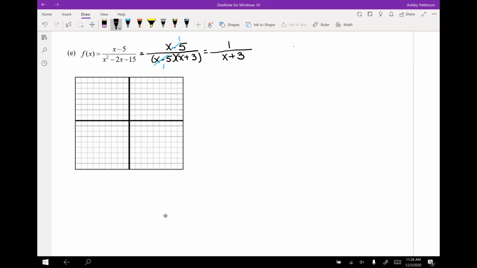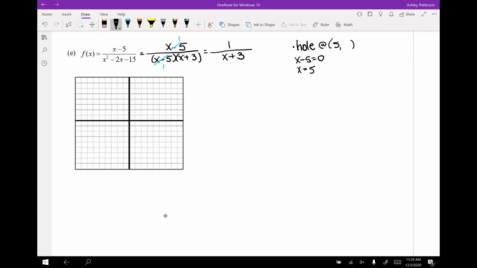Okay, so we do have a hole, and the x coordinate comes from the factor that we canceled out. So let's set x minus 5 equal to 0, and we can see that the coordinate for this hole is going to be 5 comma something. So remember too that I said twice, right?